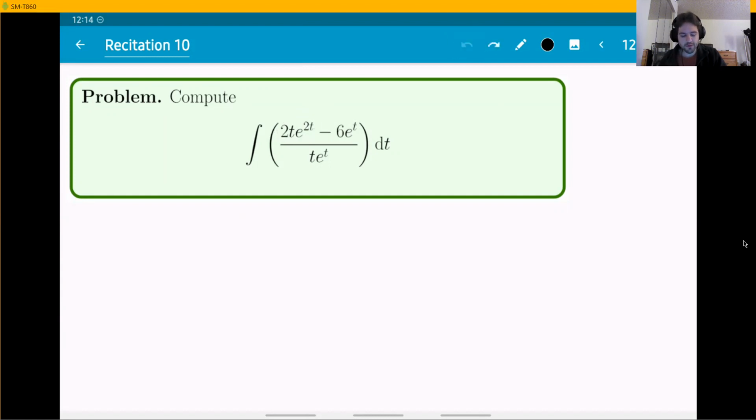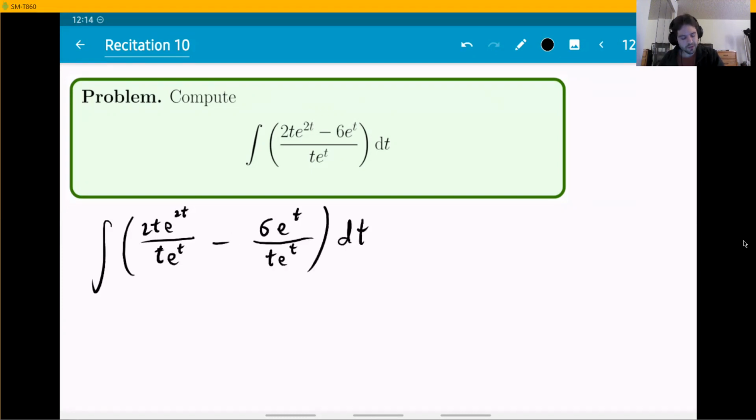But instead, what we have to do is simplify everything. In this case, you have a sum or difference in the numerator. Meanwhile, the denominator is just one term. You can split the fraction like this. So 2t e to the 2t divided by t e to the t, minus the second term divided by the same denominator.